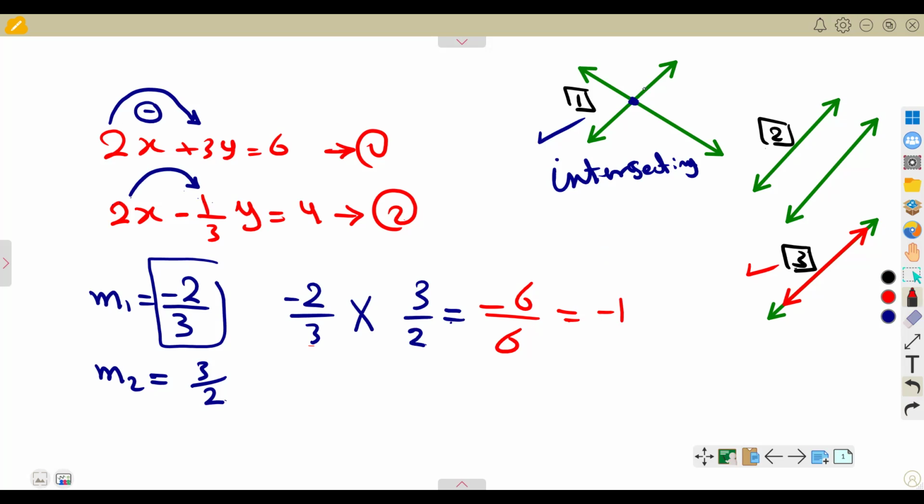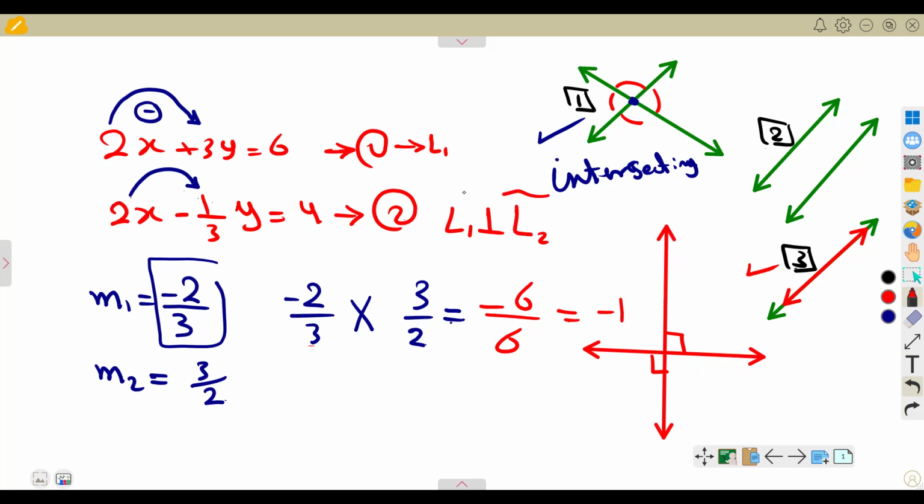This case is a special case of intersecting. Intersecting here means there are acute, obtuse, acute, obtuse angles. But when we multiply the slopes and get negative 1, it means they are intersecting and the angle between them is a right angle. So in this case, the first line L1 is perpendicular to the second line L2. So we say two lines are perpendicular when the product of their slopes is negative 1.